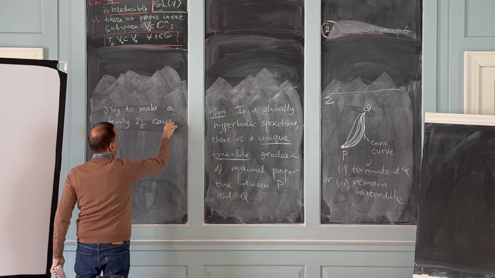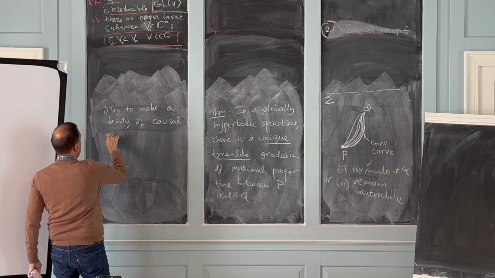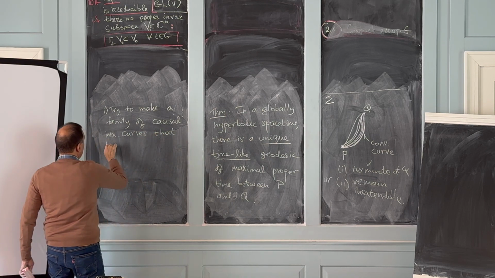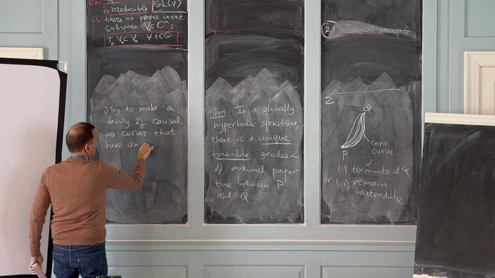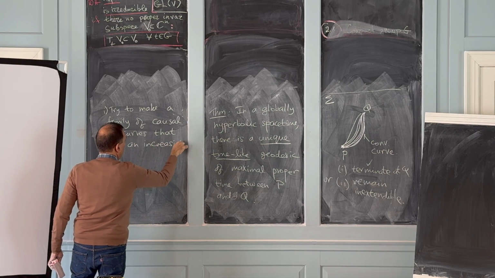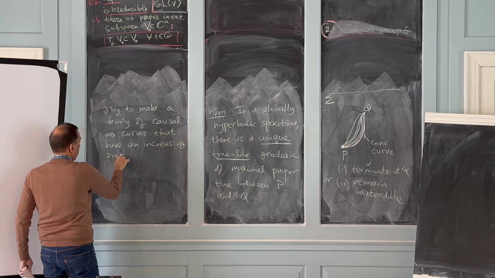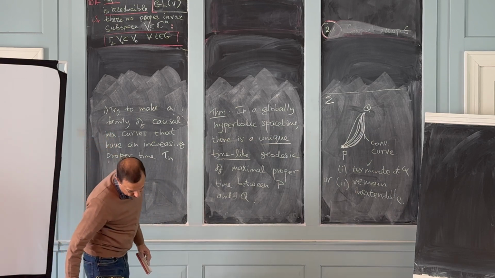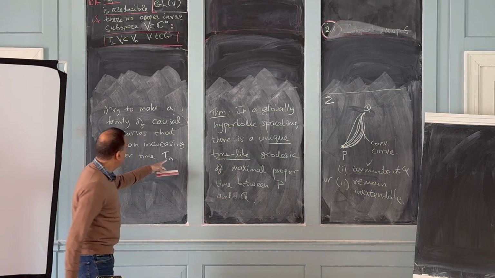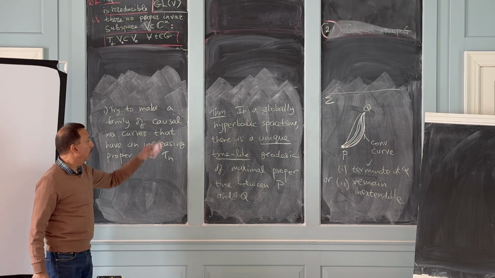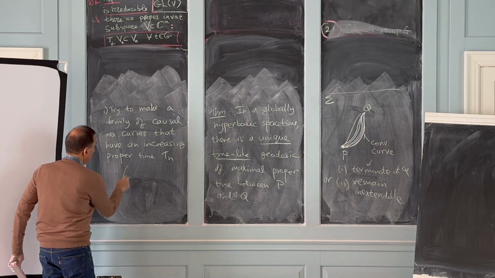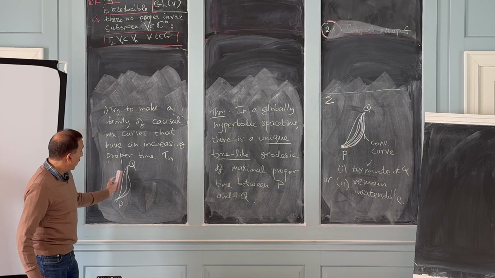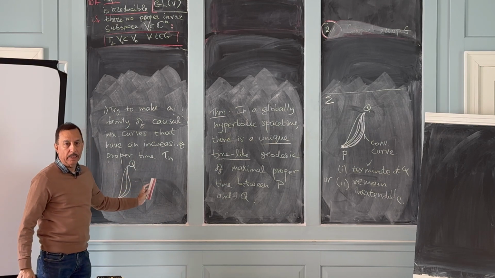Okay, so step one in proving this is try to make a family of causal, inextendable, etc., curves that have an increasing proper time without limit. So if the tau n, so tau n here is my label for the total proper time of a curve, and I'm going to assume that each of these curves has a total proper time that's just getting bigger and bigger.